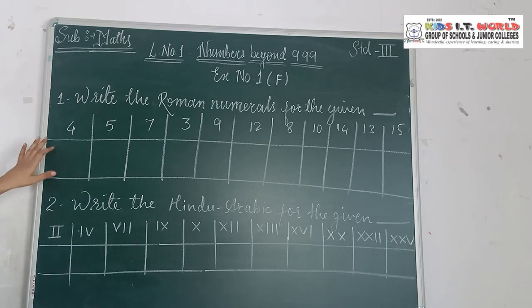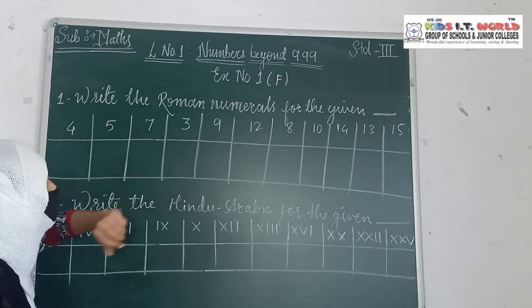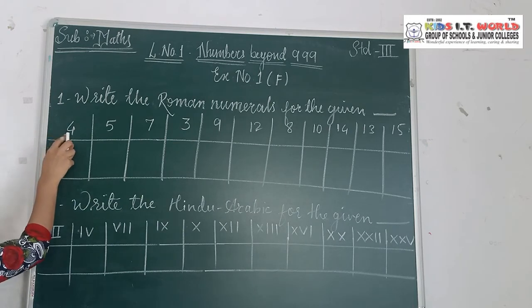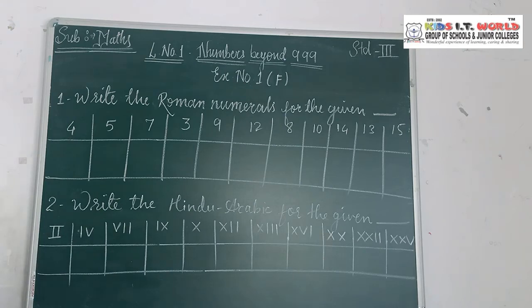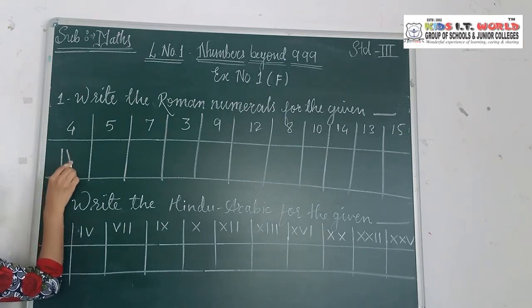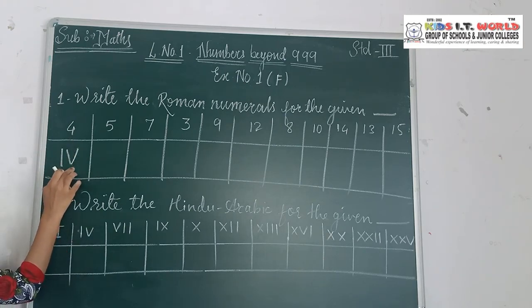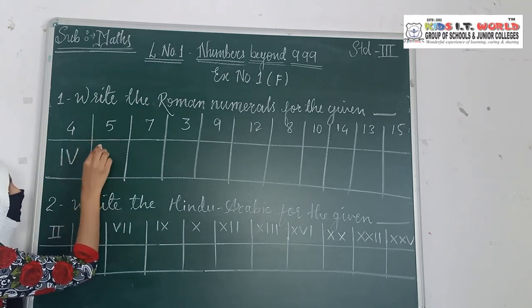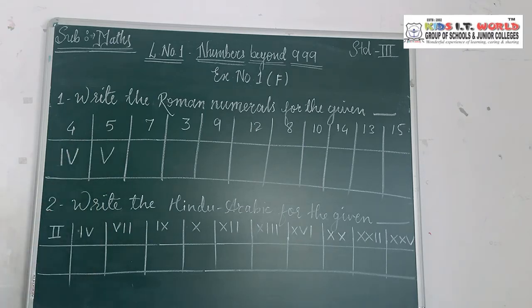Here the number is given to you in the form of Hindu Arabic numbers and you have to write the Roman numeral form of the given number. So let's start. Here you have to write first the Roman number for 4. So how will you write? It's IV. V stands for 5, and I before it means 5 minus 1, it is 4. For the 5, it is V as I told you.